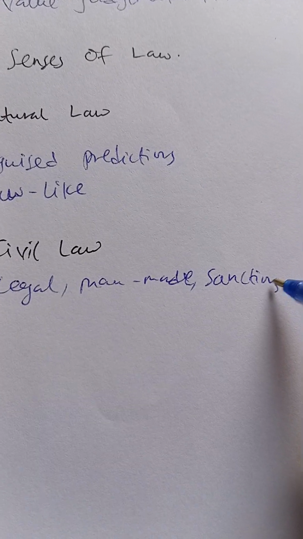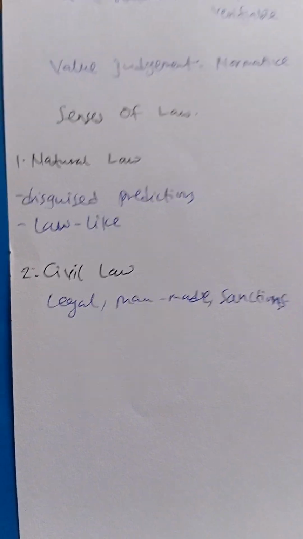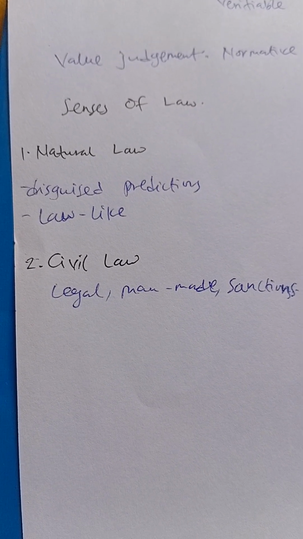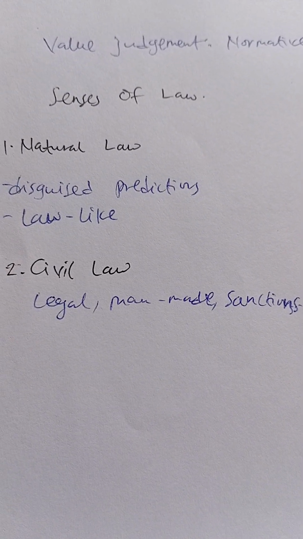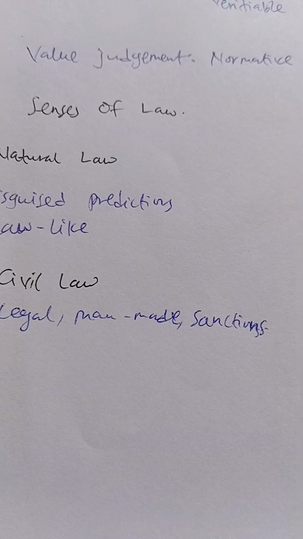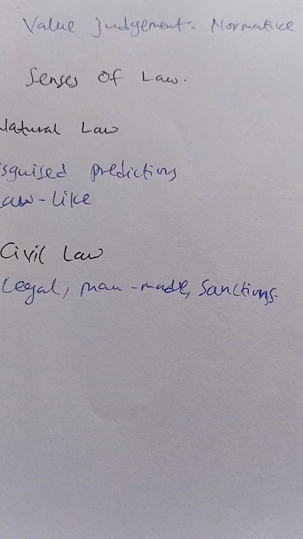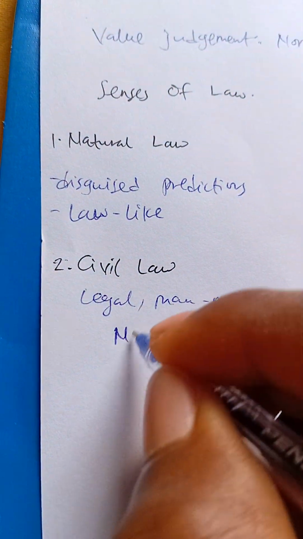So if you go against the laws of the country, there's punishment for you. They prescribe how things are supposed to be done, how citizens should behave in their country. So I'm right to say that civil laws are normative, right? Yes. Civil laws are normative.